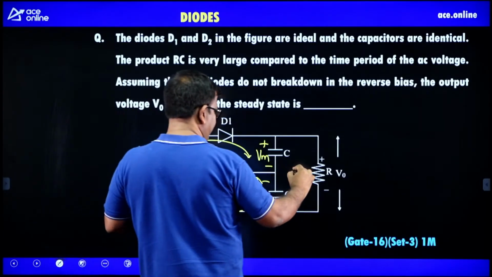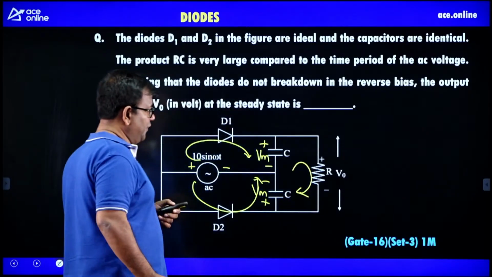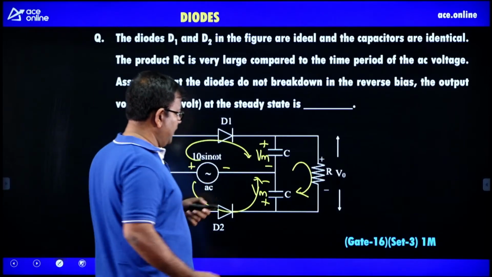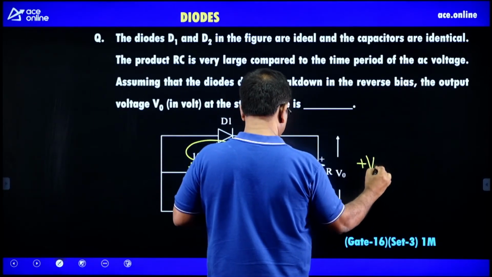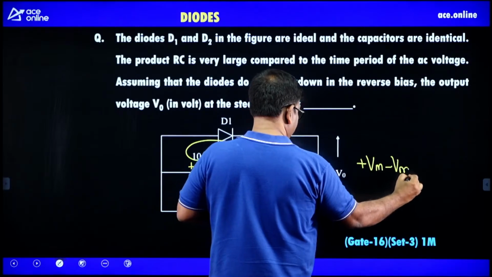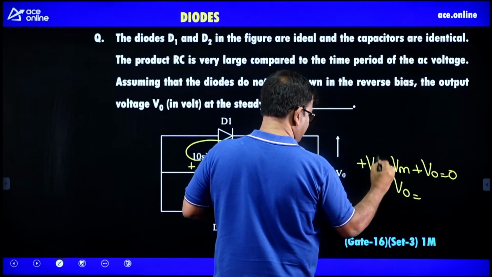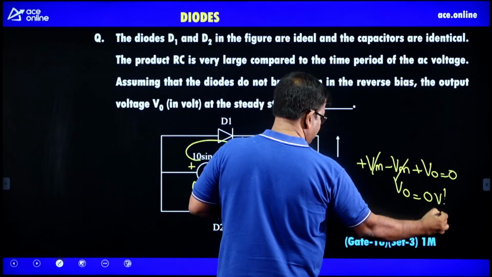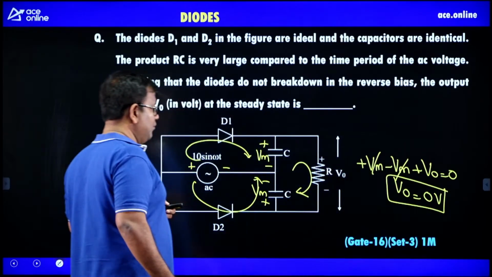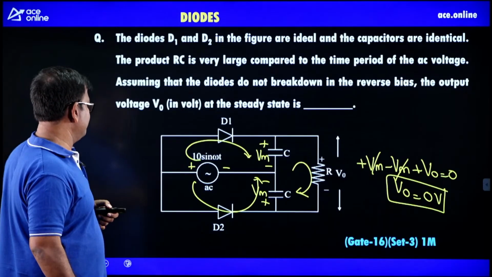So now you can apply a small loop equation here to finish the problem. So plus to minus, so plus Vm minus Vm plus V naught is 0. So your V naught, you can cancel this, is 0 volts. So 0 is the solution to this problem, right?